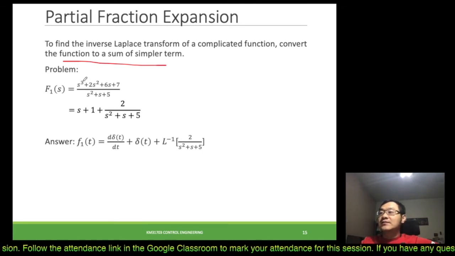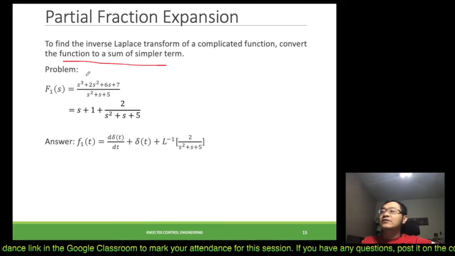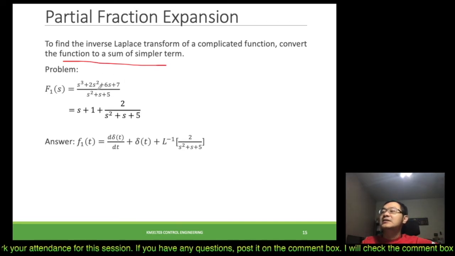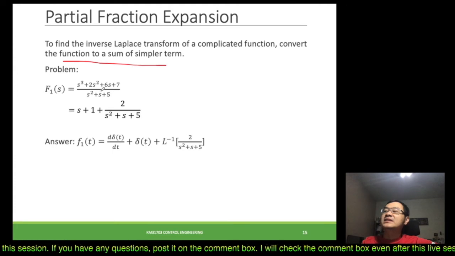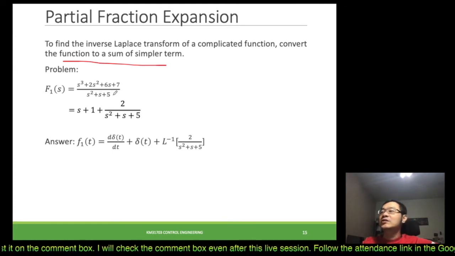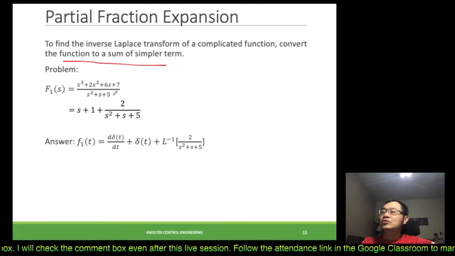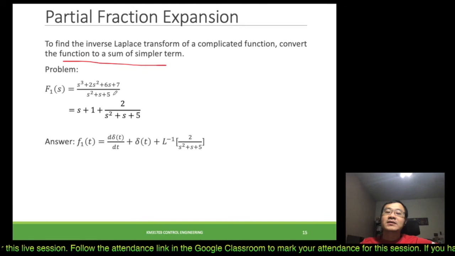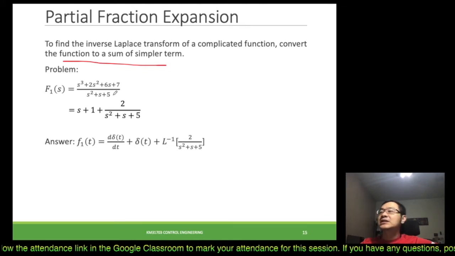We will notice that the order of the polynomial at the top is greater than the one at the bottom. Therefore, we will now be able to identify that we can break them into several simpler terms.